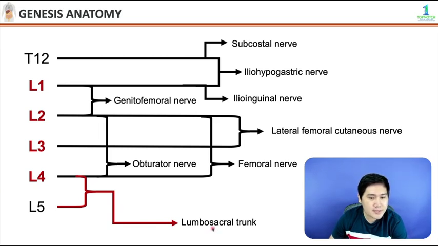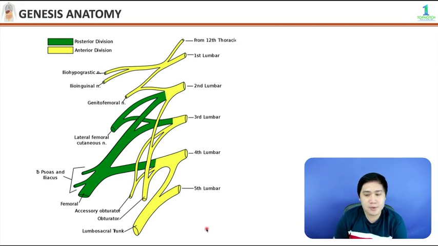Instead, they will go to the sacral plexus, no? Humihiwalay, no? Ito ang mga NPA, no, ng lumbar plexus, lumbar nerve roots. Okay? So your L4, L5 will form the lumbosacral trunk to join your sacral plexus.